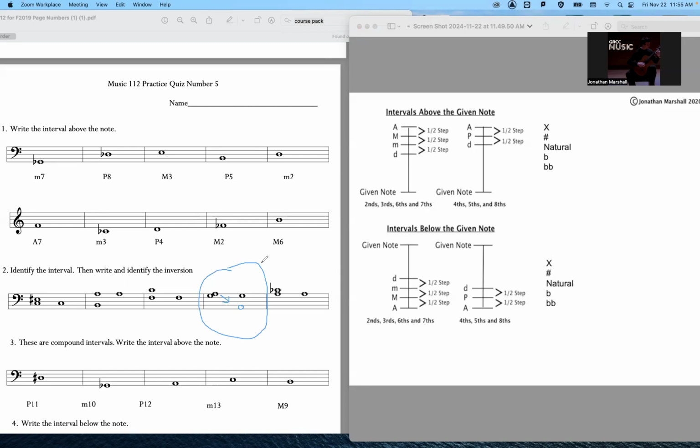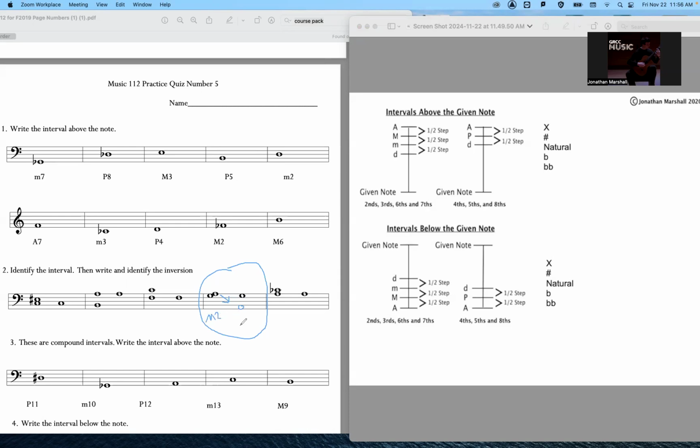And you remember when you invert a major interval, it becomes minor. When you invert an augmented interval, it becomes diminished. And when you invert a perfect interval, it becomes perfect, and vice versa for all of them. So I'm going to solve for the second. G to A is a whole step, making that a major second.